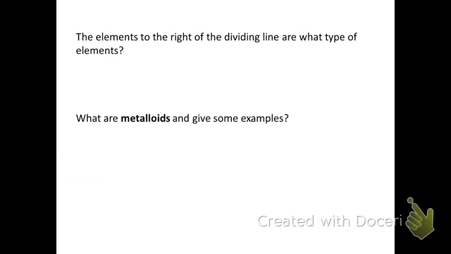Alright, so we just talked about what metalloids are, and knowing that metalloids have properties that are similar to both metals and nonmetals. And the ones that you have to be familiar with are boron, silicon, germanium, and antimony.